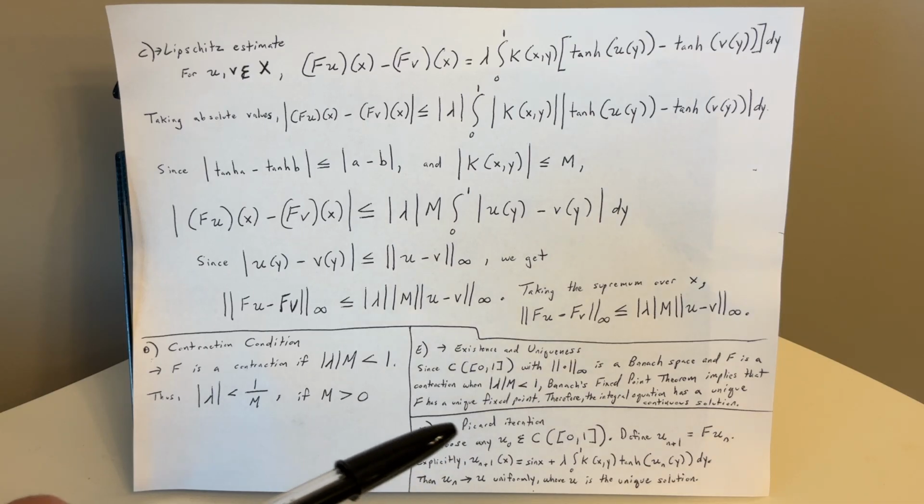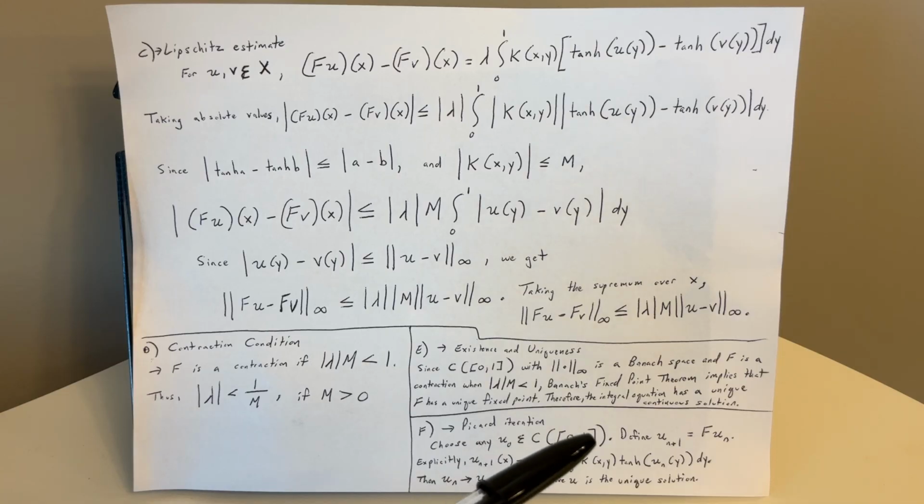And for the Picard iteration, choose any u0 as an element of C[0,1], and define u sub n plus 1 equal to F of u sub n. Explicitly, u sub n plus 1 of x equals sine x plus lambda times the integral from 0 to 1 of k of x, y, hyperbolic tan of u sub n of y dy.